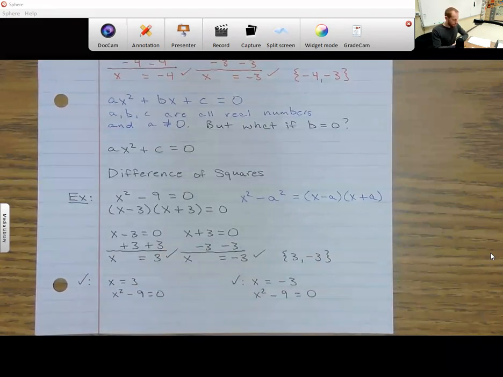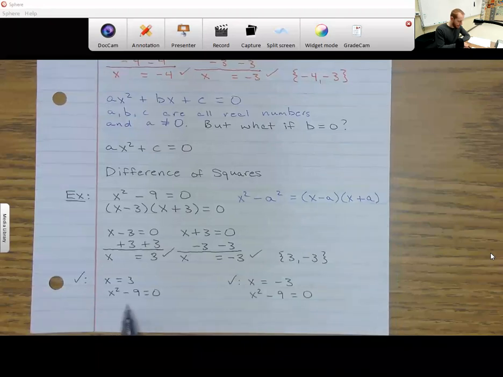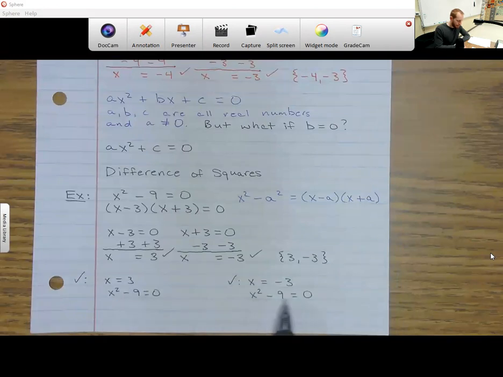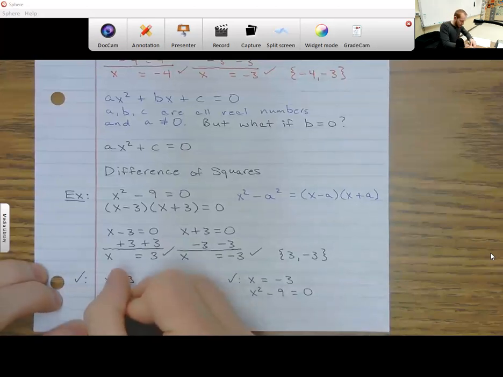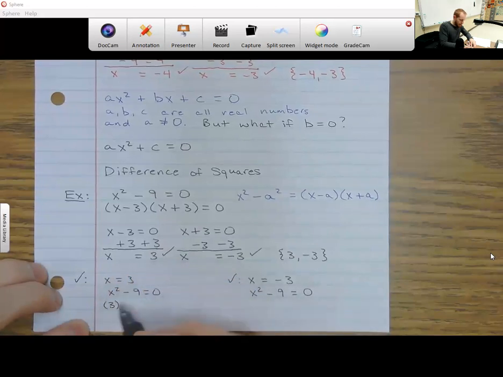Okay, so that means everywhere I see an x right here, I'm going to put in positive 3. And then over here, everywhere I see an x down here, I'm going to put in a negative 3. Make sense? All right, so let's do it. I put my 3 in parentheses, and I'm going to have to square it.